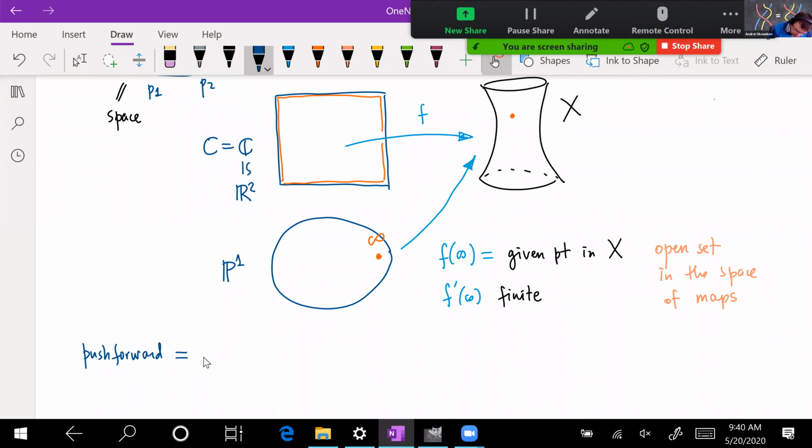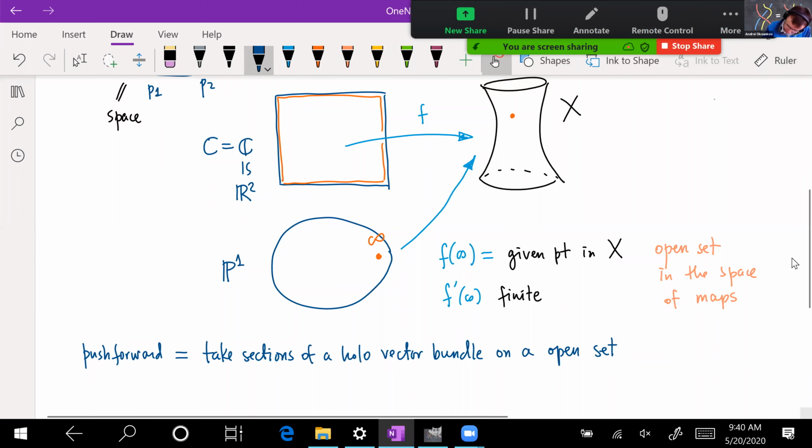Push forward takes sections of a holomorphic vector bundle on an open set. So this in general would be infinite dimensional.